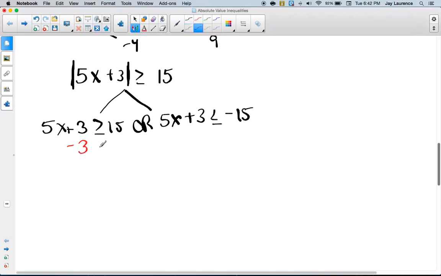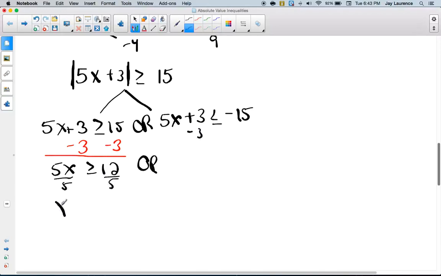All right, so I go and solve for x. I'm going to subtract 3 from both sides. All right, so I'm going to get 5x greater than or equal to 12. Oh, I'm not done. I'm sorry. I have to divide by 5. And I'm going to go mixed number on this simply because it'll make more sense to me on a number line. So that'll be what? 2 2/5.